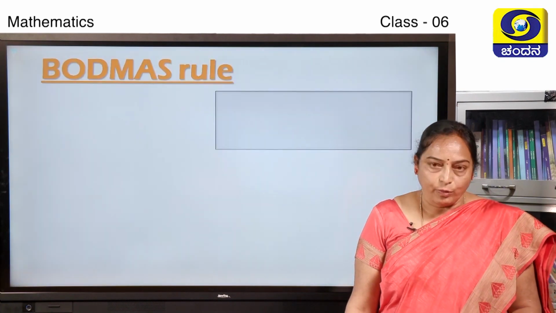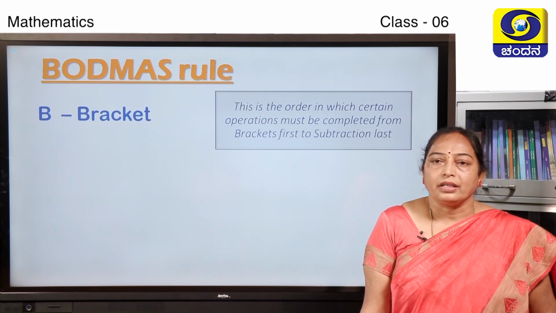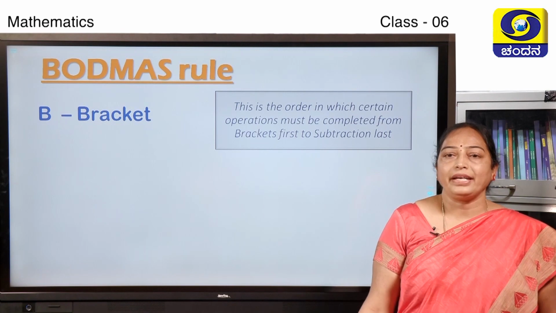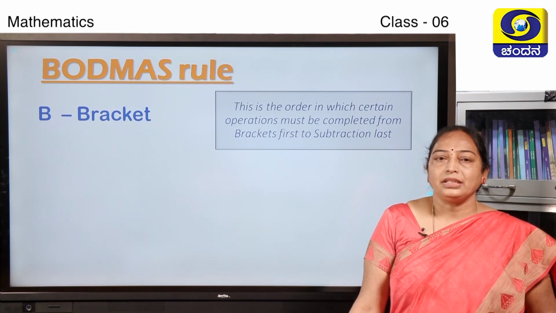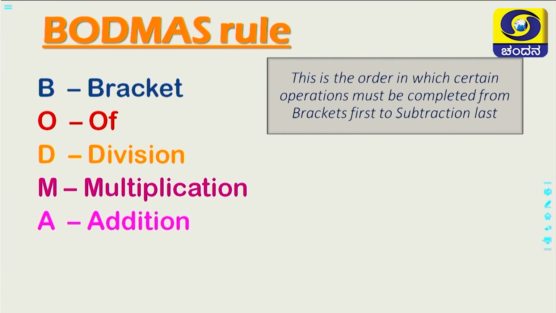Let us learn about BODMAS rule. BODMAS rule is the order in which certain operations must be completed, from brackets first to subtraction last. Let us see now. It is the abbreviation of BODMAS rule. B stands for bracket, O is of, D stands for division, M multiplication, A addition, S subtraction.